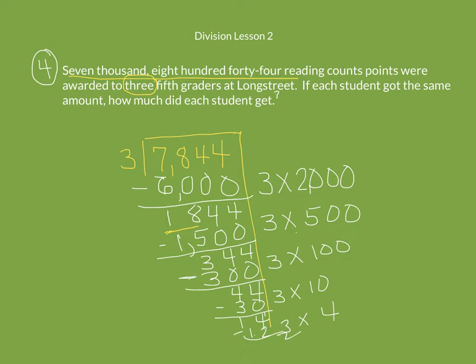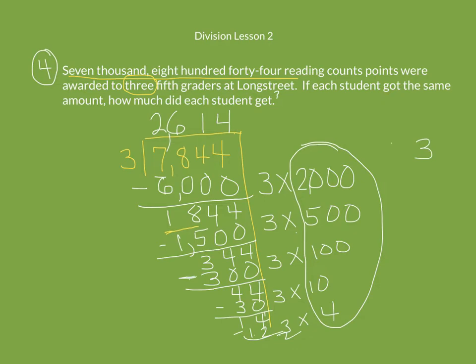That's interesting. Somebody must have gotten another 2 points. But let's see how much each one got if they split it equally. 2,000, 600, 10, 4. So 2,600, 1 ten, and 4 ones. So each student got 2,614.